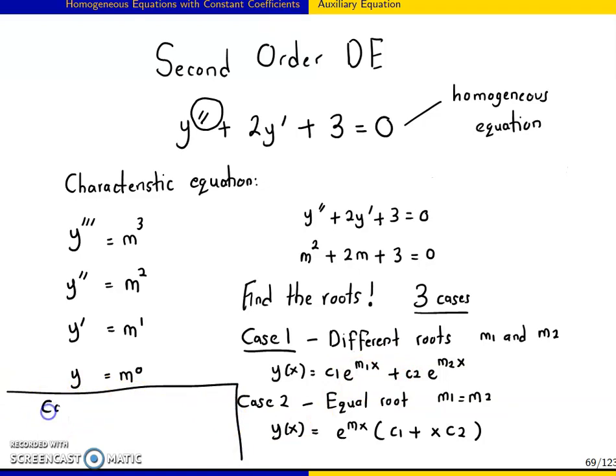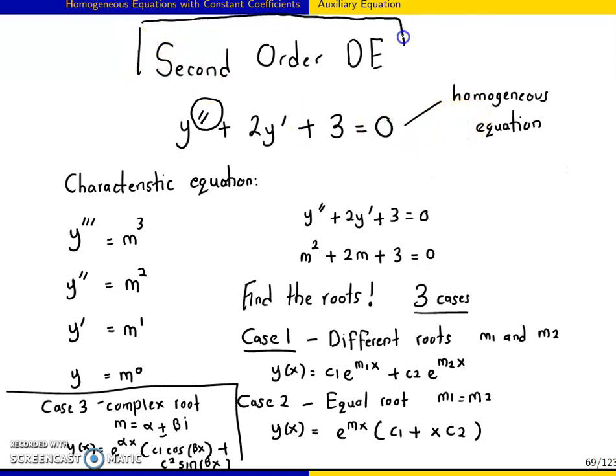For case 3, when you have complex roots where m is in this form, alpha plus minus beta i, your solution here will be e to the power alpha x times (c1 cos beta x plus c2 sin beta x). So these are all the cases that we consider. This is the second order differential equation that we are particularly interested in.